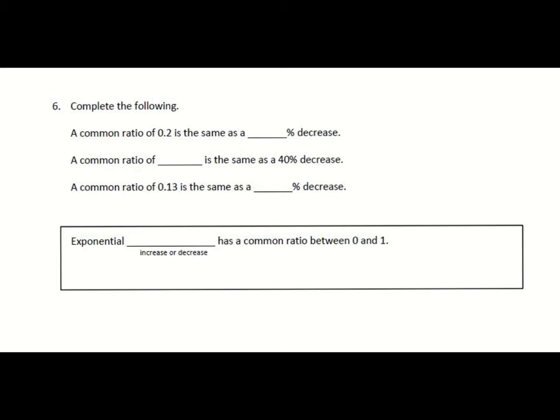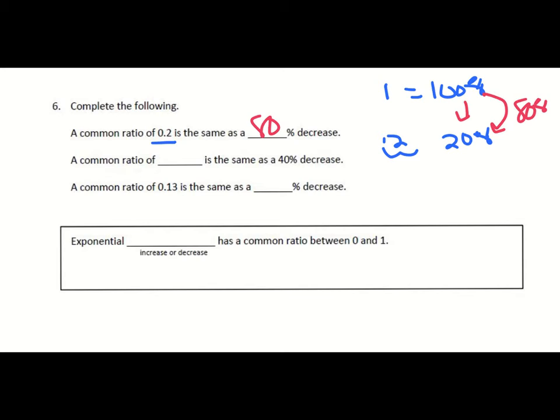Okay, so here is the same kind of summary. A common ratio of 0.2 is the same as a blank decrease. Keep in mind a whole number 1 means 100%, so 0.2 is 20%, which is an 80% decrease. A 40% decrease is a common ratio of 0.60.